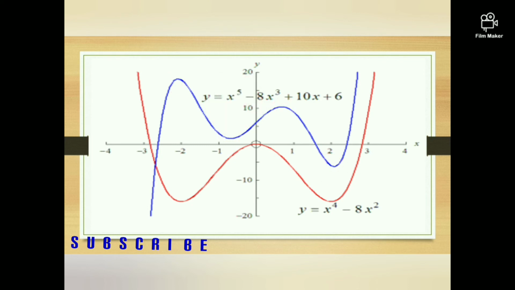Likewise, the red sketch of the fourth degree obviously has 3 turning points, less 1 from its degree, or 4 minus 1 equal to 3 turning points.